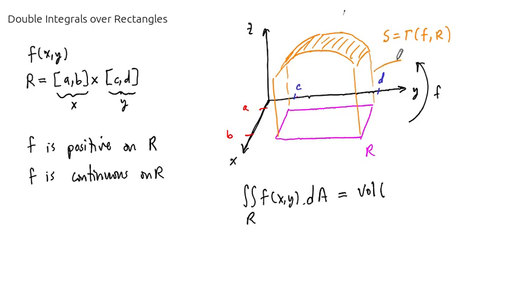So this solid region right here we call E, and the volume of E, that's going to be the value of the double integral of this function f over the rectangle R. Now to truly think of this as a volume, this assumption that f is positive is kind of necessary. We'll drop that. We'll talk about how to drop that assumption later. But right now we want to talk about how can we compute the volume of this thing.